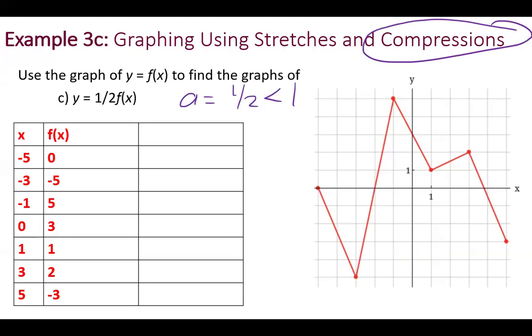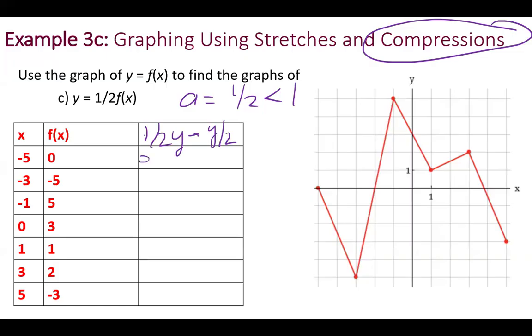So your graph should be getting wider. Does that make sense? It's going to look a little wider, a little fatter. So to each one of your y values, you should have multiplied by 1/2, or what's another option? Divided by 2. Multiplying by 1/2 is the same thing as dividing by 2, correct?